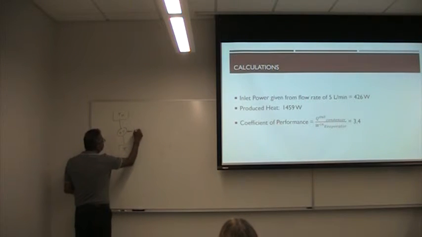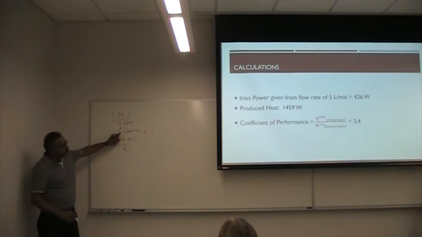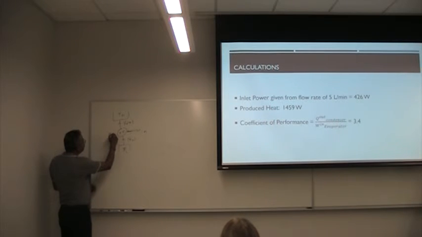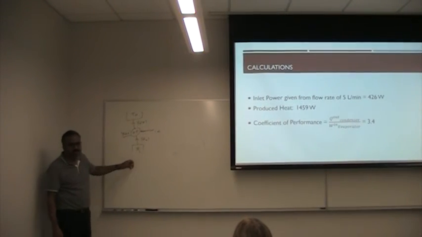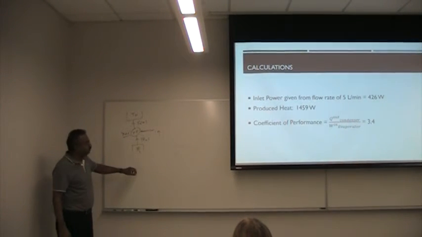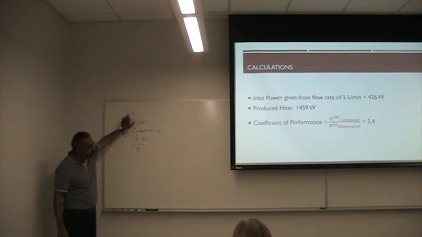TL, you put work in, you're taking heat from the low temperature, you're putting heat to the high temperature. You can write heat pump here, or you can write refrigerator. It makes no difference. It's exactly the same thing, but the only thing that changes is, for a refrigerator, where am I sitting? Right there. Where? Lower temperature. For a heat pump, I'm sitting up here.